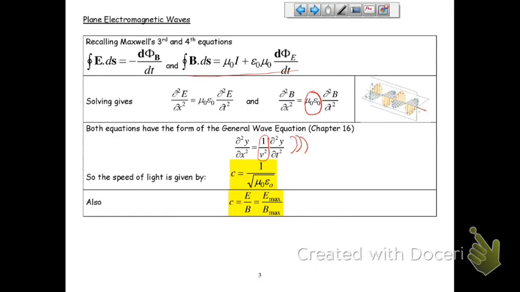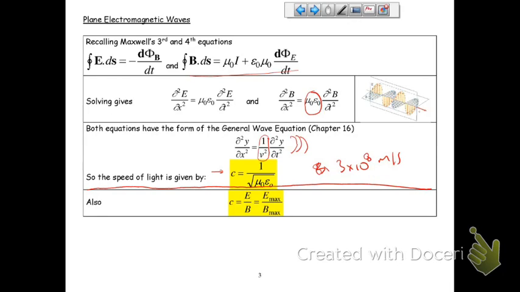So that must mean that the speed of light is equal to 1 over the square root of mu naught epsilon naught. And when they worked it out, that turns out to be 3 times 10 to the 8 meters per second. So it was right. They experimentally measured the speed of light, and sure enough, it worked out to be the same as this.